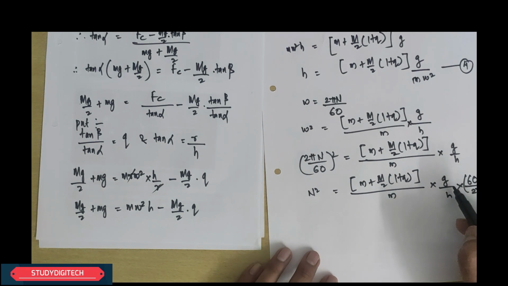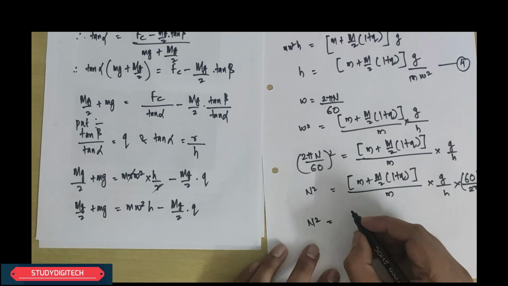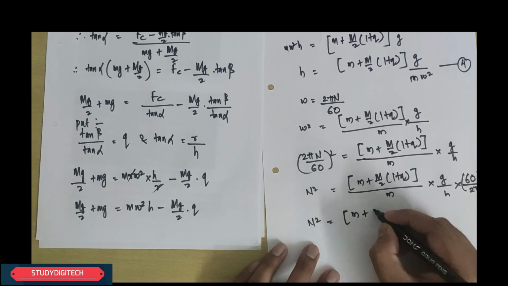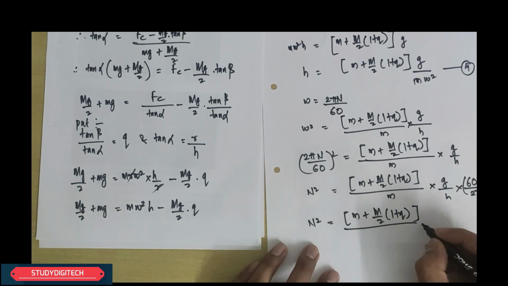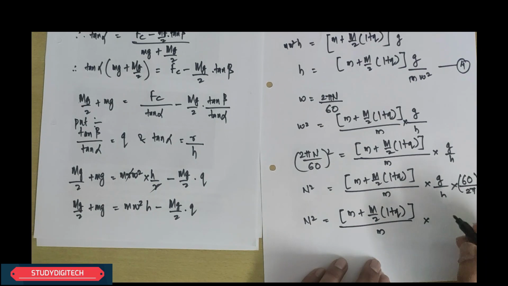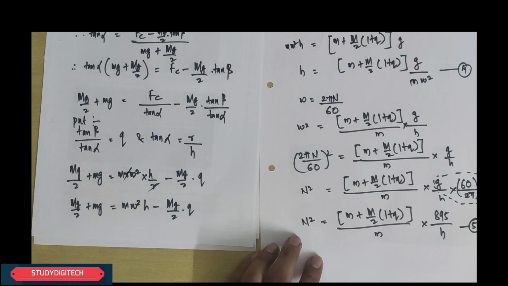If we substitute the value of g in this equation, it becomes n square equal to (m plus M) divided by 2 into (1 plus q) divided by m into 895 divided by h. So this equation number 5 is used to find out the speed of a Porter governor.